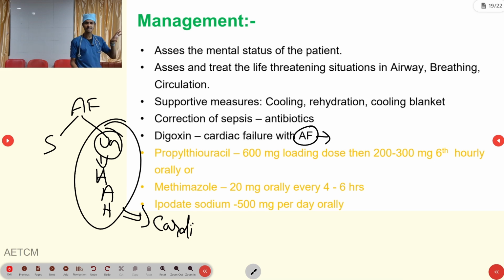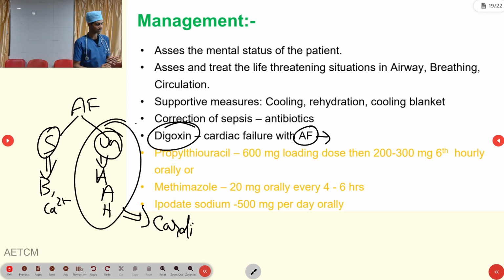But if the person is stable, with no hypotension and no acute altered mental status, completely stable, then we go with rate-controlling drugs like beta blockers or calcium channel blockers. Those are the ideal choices for rate control. This is the way we treat atrial fibrillation. One more important thing is digoxin.